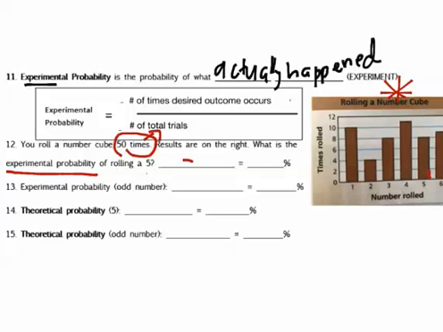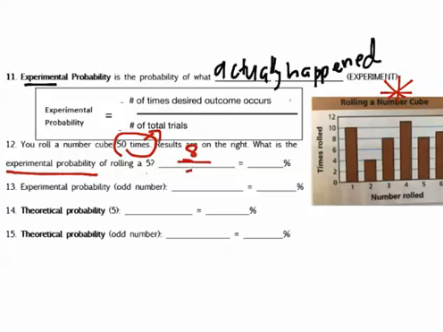So how many times was a 5 rolled? We follow up the graph and we look to the left, and it occurred 8 times. So we would say 8 over how many total trials? Well, 50.